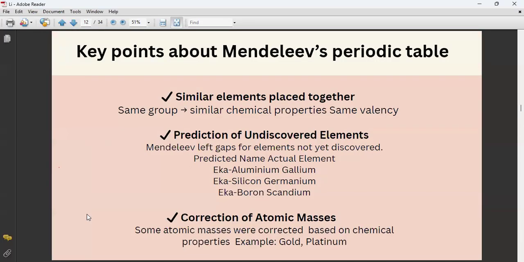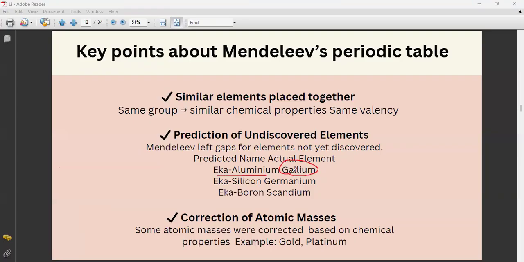Okay, key points of the Mendeleev periodic table. He placed similar elements together, which show similar chemical properties and have the same valency, the same valence electrons in their outermost shell. Then he left some gaps for the prediction of undiscovered elements. He gave the name Eka-aluminium, and today we know it as gallium.